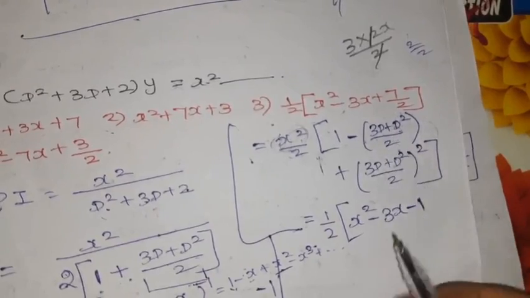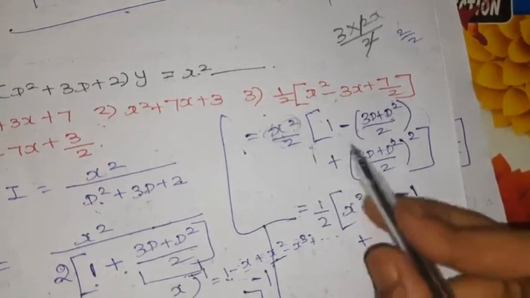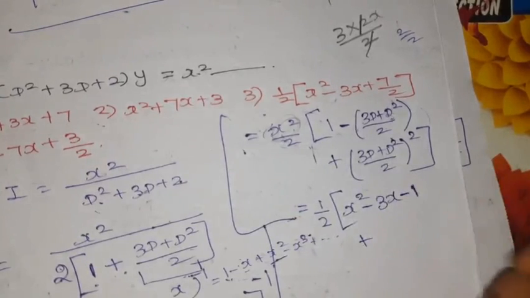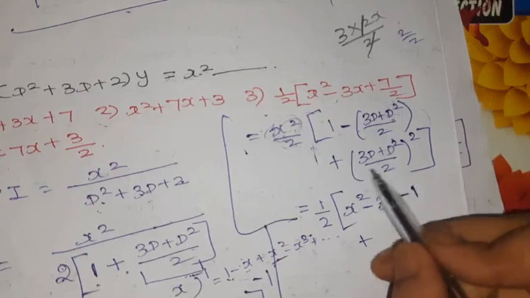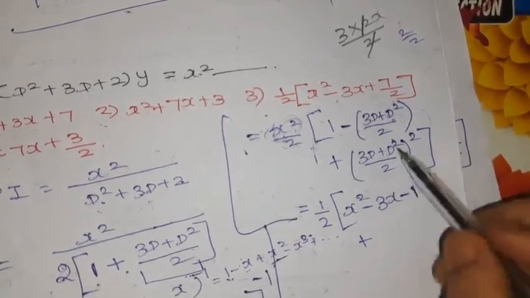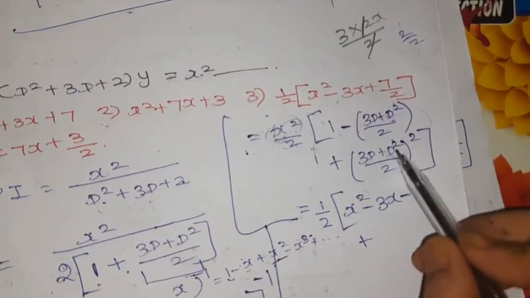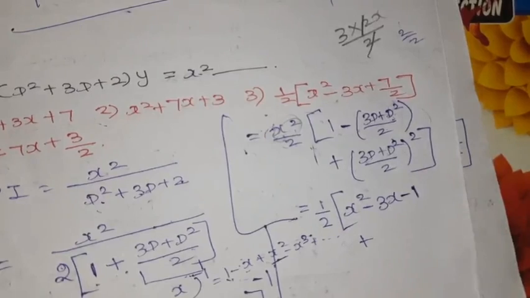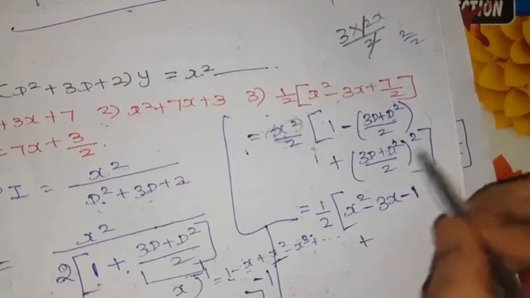This part is over. Then plus, we need to multiply by x with this term. This is a plus b the whole square term. Whenever differentiating, we will get 3D power this term only. See, a plus b the whole square. a squared means 3D squared plus b squared D power 4. D power 4 differentiating 4 times this term will get 0 only, plus 2ab. 2 into this and this we will get D cube.